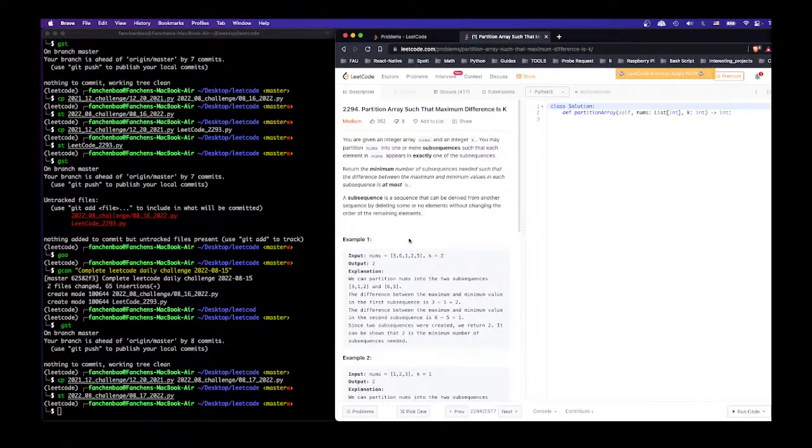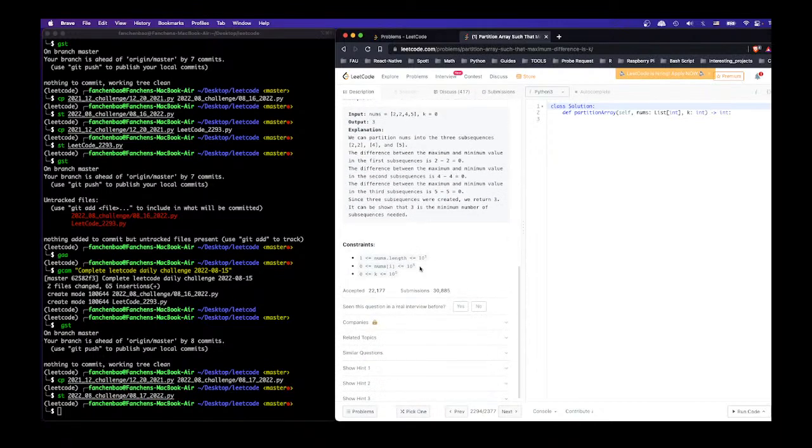So we want to divide it into basically two groups, right? We want to divide them into two groups, and after we divide them, it can be any order because it's a subsequence, and each one appears in exactly one.